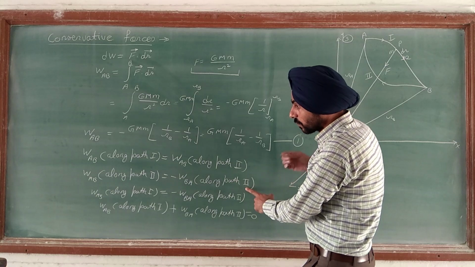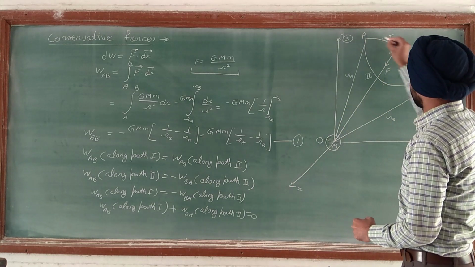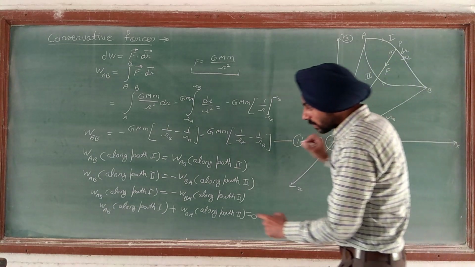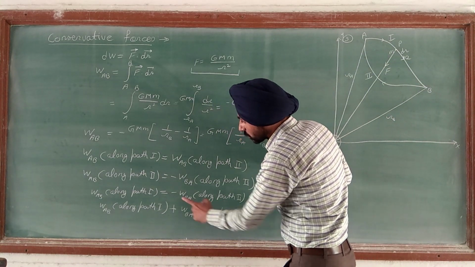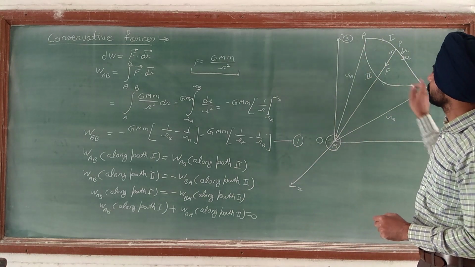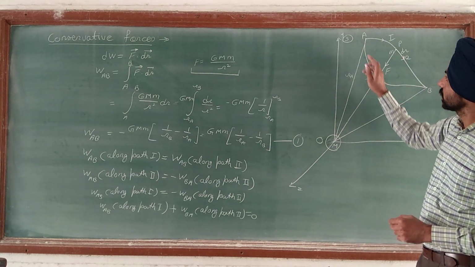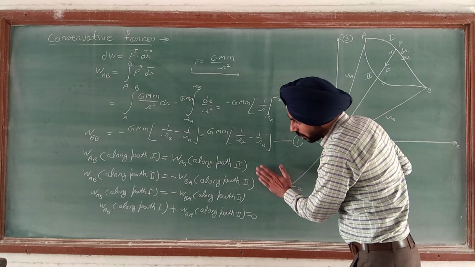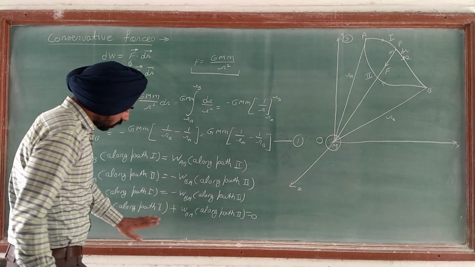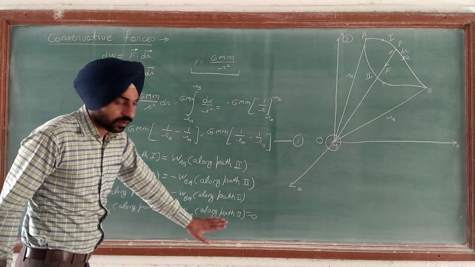Now we know W_AB along path 1 is equal to W_BA along path 2 with a negative sign. So by combining these terms we can finally get W_AB along path 1 plus W_BA along path 2.